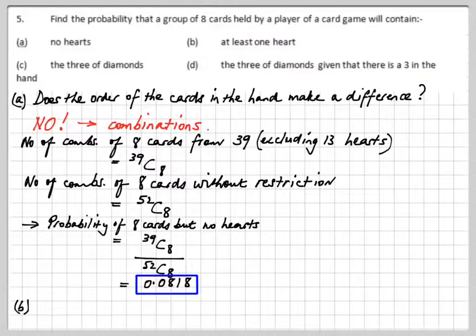Let's do B. Oh, this one's a really nice one. At least 1 heart. Well, now you might think, good grief, how do I work that out? Look, it's easy. Because in the box above you can see the probability of getting no hearts. So therefore, getting 1 or more hearts is basically everything else.